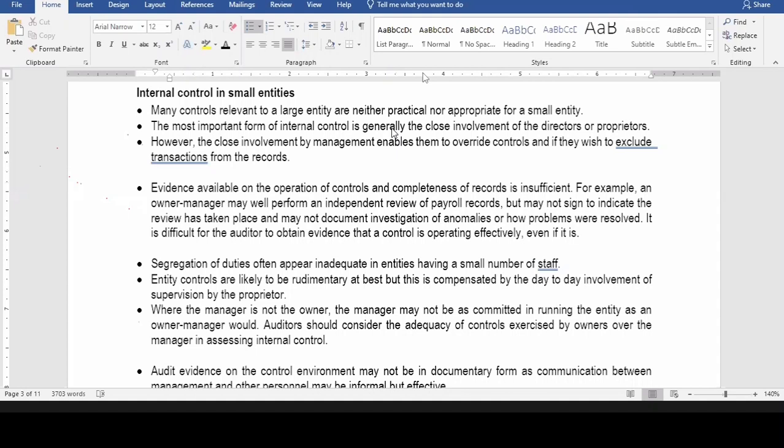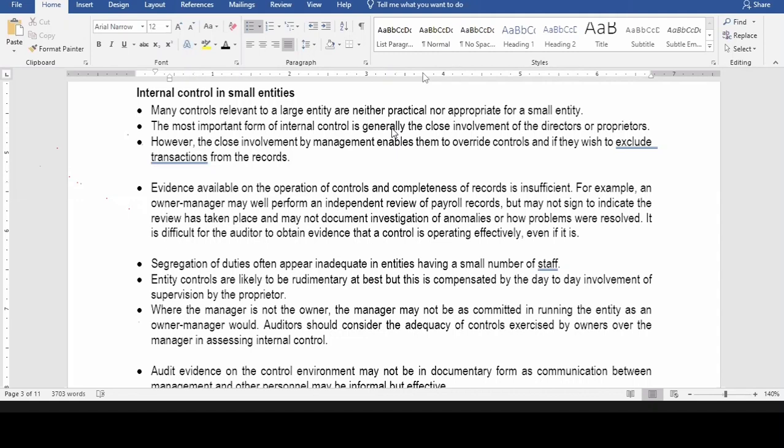Is it the same as a small shop, a canteen where there's one person selling? You cannot compare the controls in that canteen with the controls in a big shop in town. The base controls are the same, but what is on the ground is different.